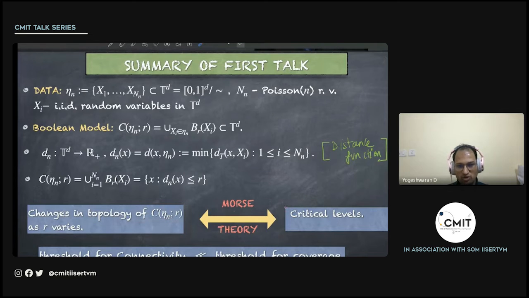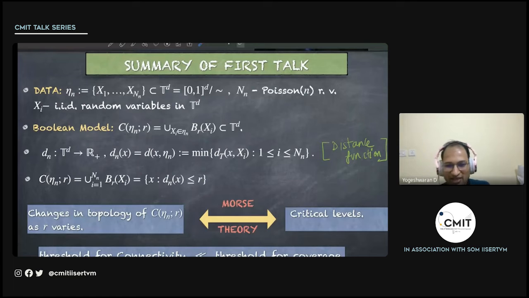So this was what we tried to explain last time. I will go over this briefly, but this talk will be focused completely on critical levels, critical points, everything about that corresponding to the distance function. But this is an important motivation to know that this is connected to the topology.